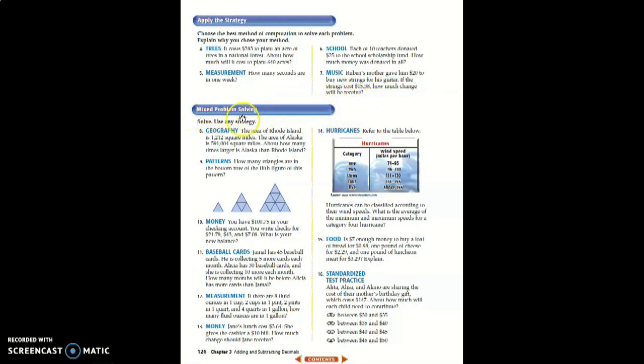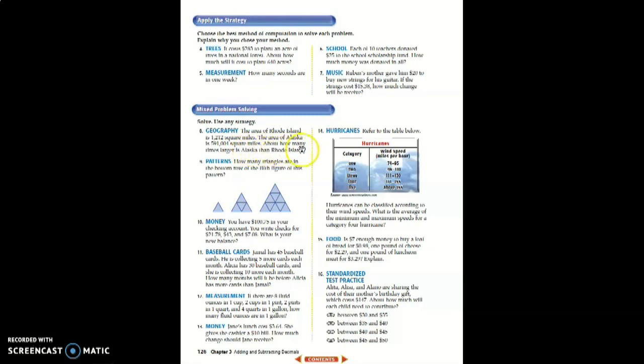Mixed problem solving. Solve using any strategy. 8. Geography. The area of Rhode Island is 1.212 square miles. The area of Alaska is 591.004 square miles.